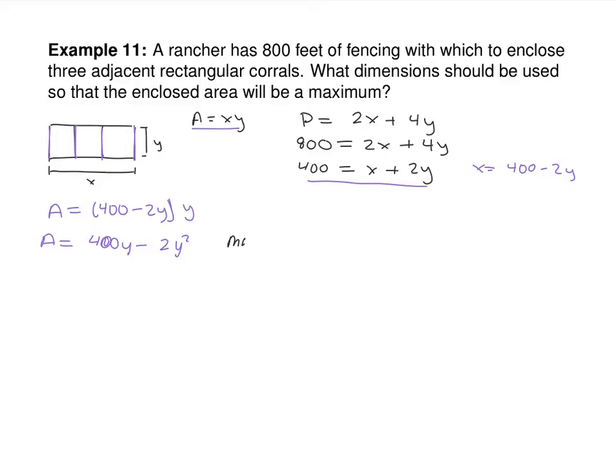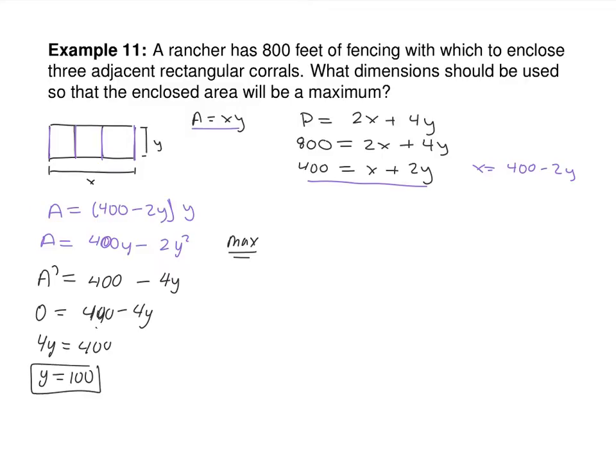Okay, so how do you find the max? Take the derivative, and the derivative is 400 minus 4y, set it equal to 0. So 4y equals 400, your y is 100.